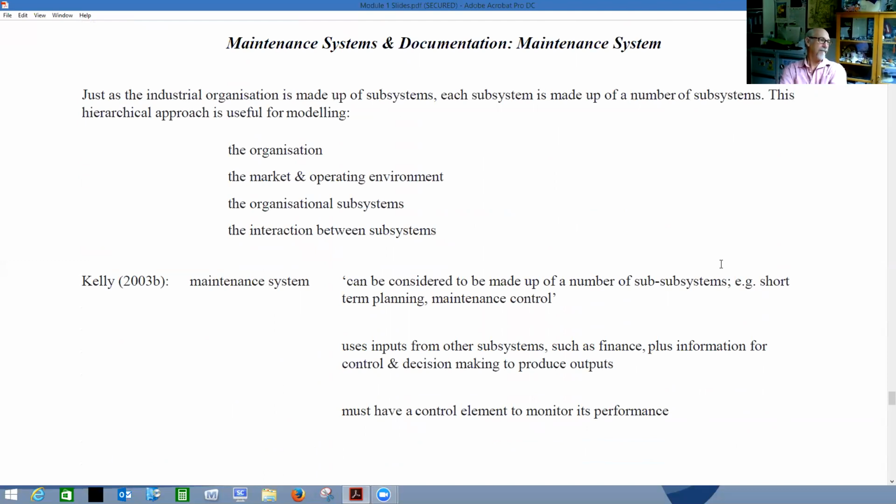Documentation. In this day and age, we have quite large computerized documentation systems that are interrelated. In other words, you can do anything from a job sheet that will help generate the order for the particular parts that you require for that maintenance process.